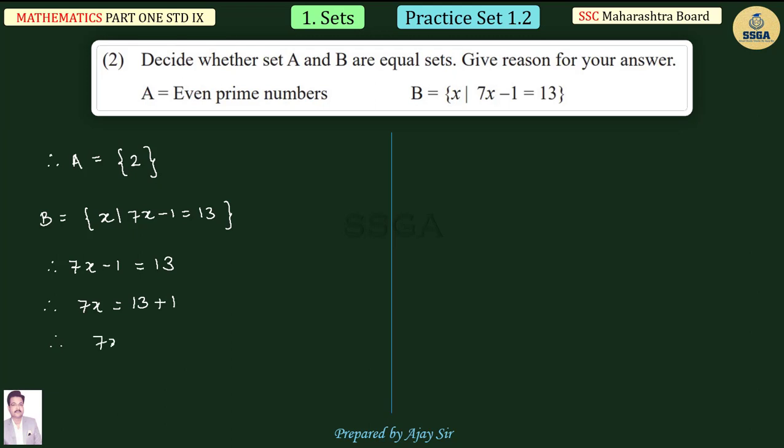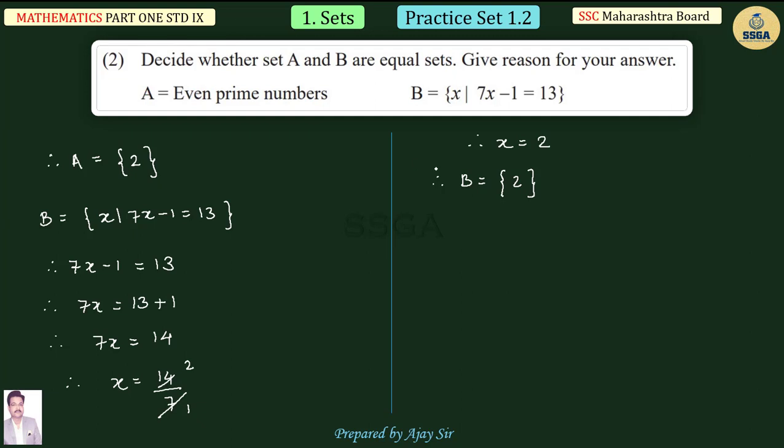So 7x is equal to 14. Therefore x is equal to 14 divided by 7. 7 2s are 14. So x is equal to 2, student. So set B contains only one element, that is 2.